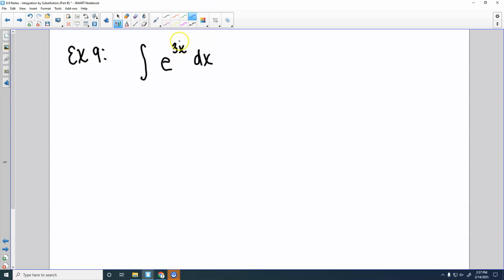But in this case, we've got an exponent that is more than just an x. So we want to let this be our u. So u would equal 3x, du would equal 3 dx. And so we almost have our du. We just need a 3 over here with the dx, which means the 1/3 has to go on the outside.